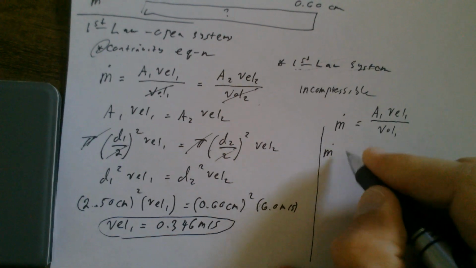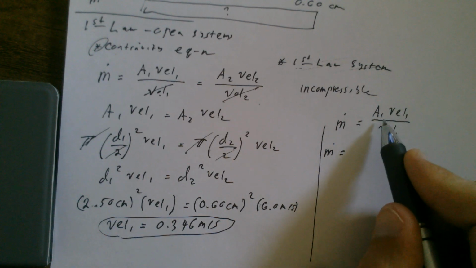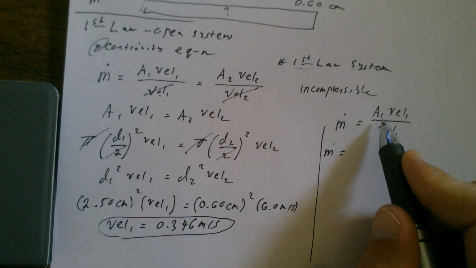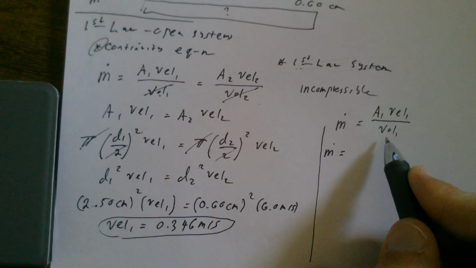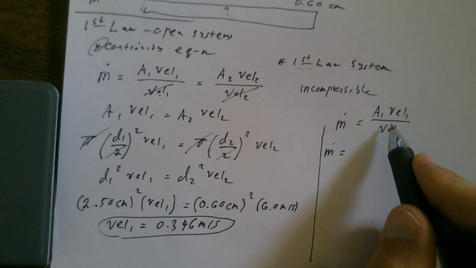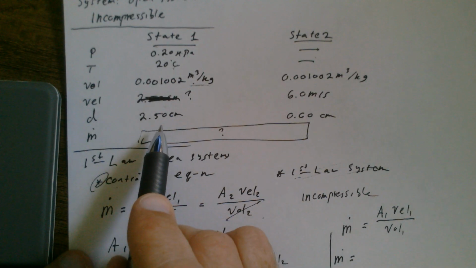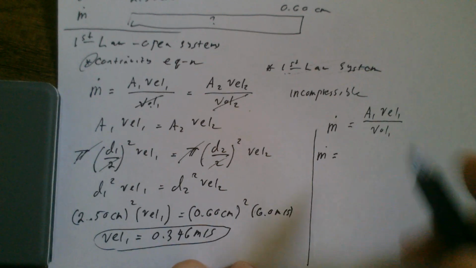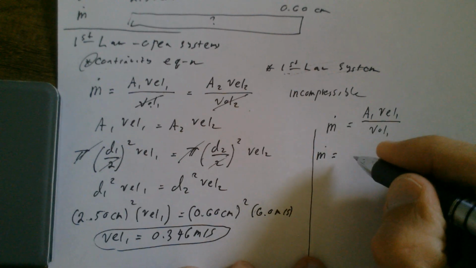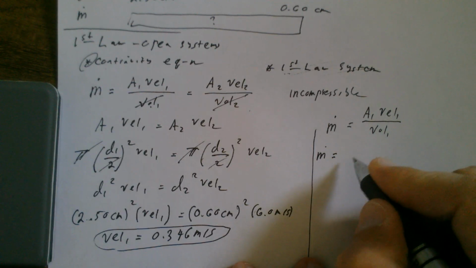So m dot is going to be, well, in this case, I do need to convert my diameter to meters to make this all consistent. Otherwise, I'll have a mishmash of different units. So I will need to convert my diameter, which is currently 2.5 centimeters, to meters. I could either convert that outside or inside. Doesn't really matter. Remember that the area is pi r squared.